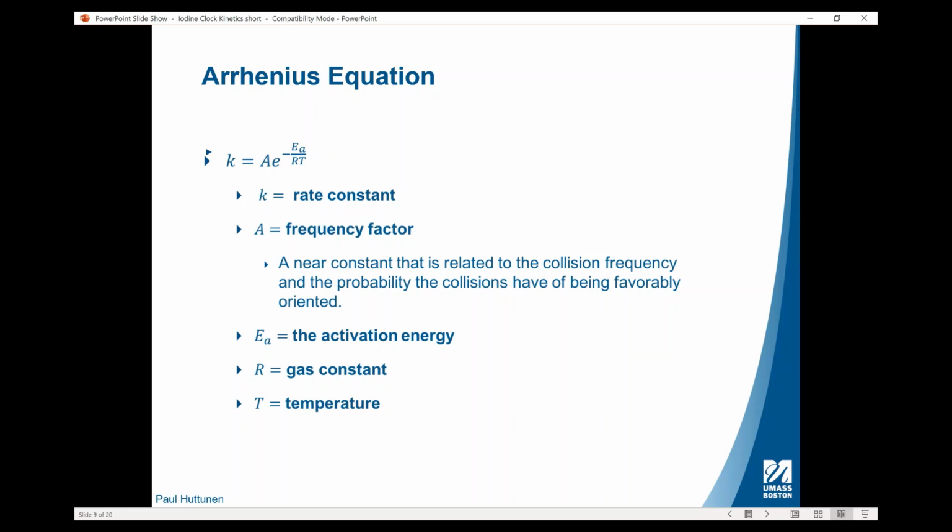Okay, so now let's talk about the Arrhenius equation. The Arrhenius equation is the rate constant K is equal to a frequency factor, A, times e to the negative Ea, which is the activation energy, divided by RT, which is the gas constant and temperature.